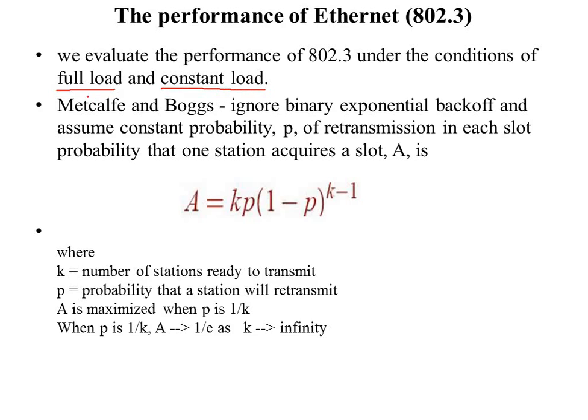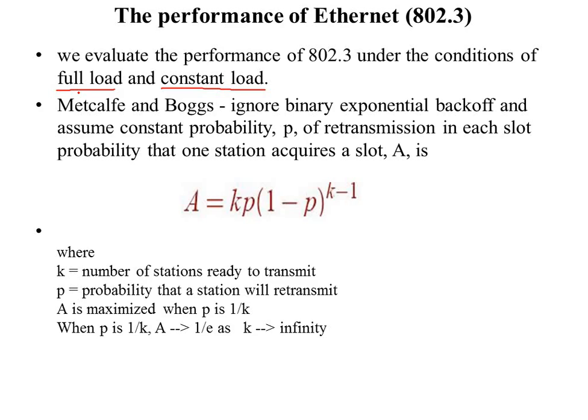So you consider two conditions: first, full load, that means everyone is trying to send data, and second, constant load. Metcalfe and Boggs came up with this performance equation with the help of the probability of retransmission, by ignoring the exponential backoff algorithm.